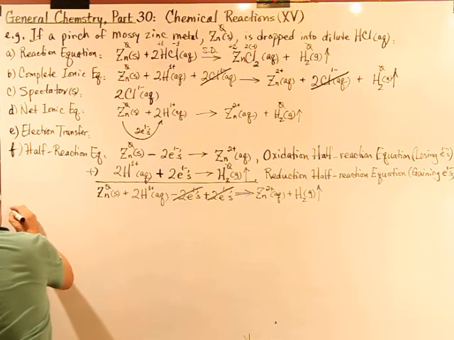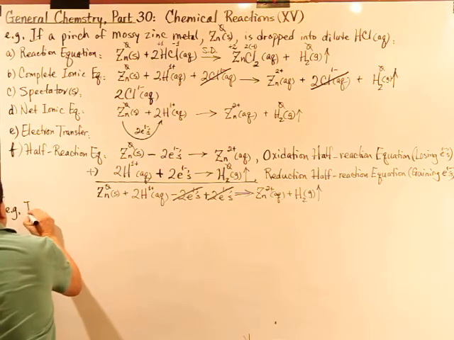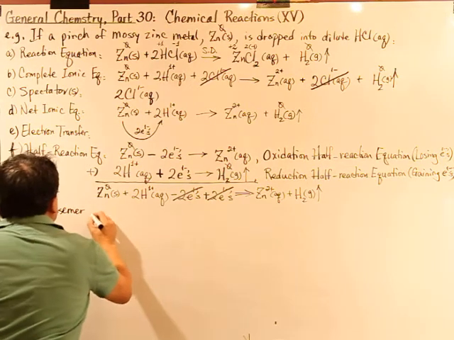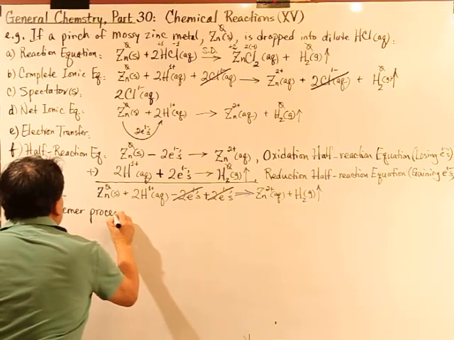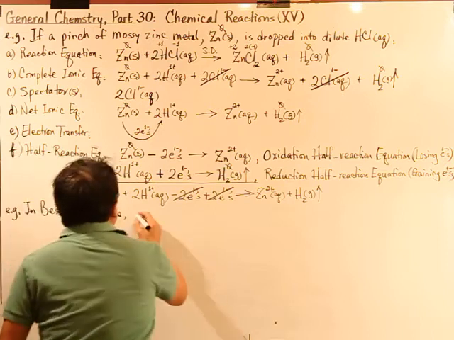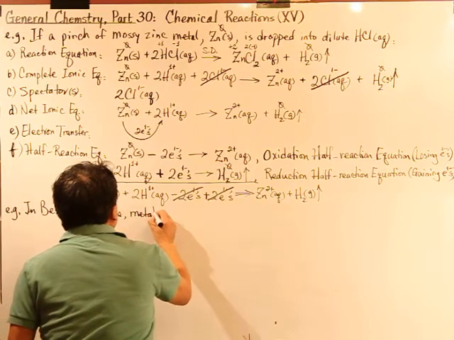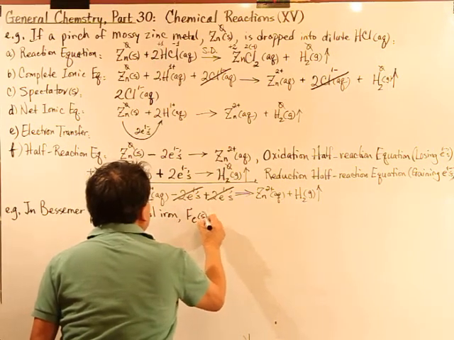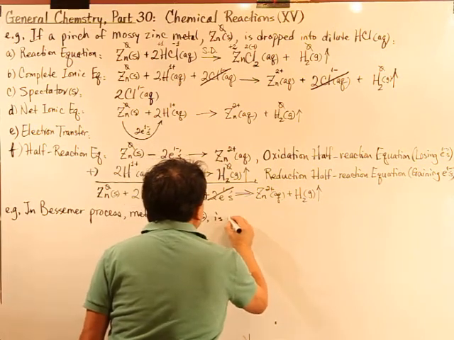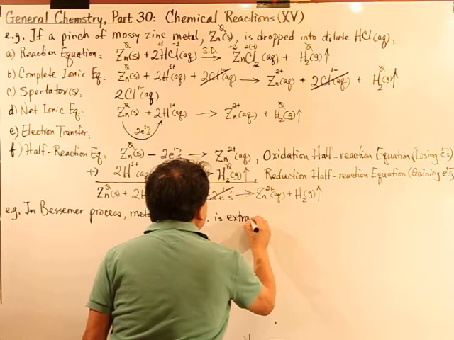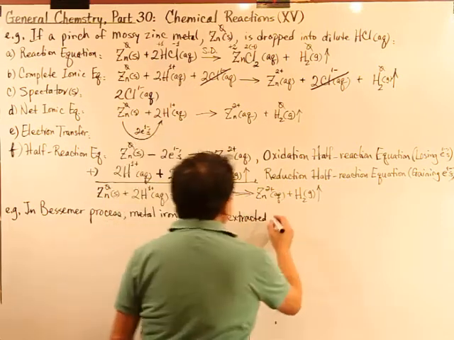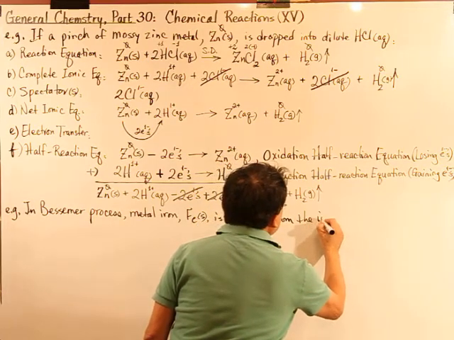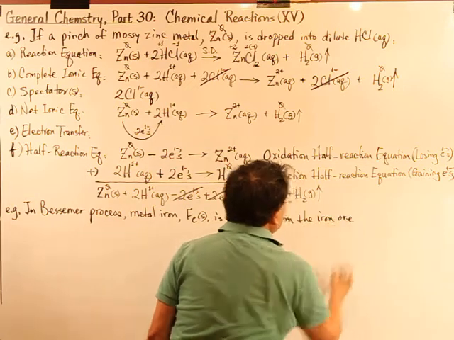Now in Bessemer process, the metal iron, now the Fe, solid, is extracted from the iron ore, right? Iron ore, what is that?